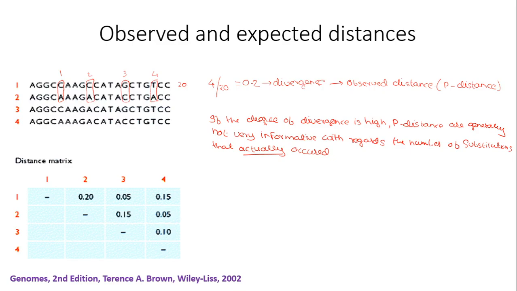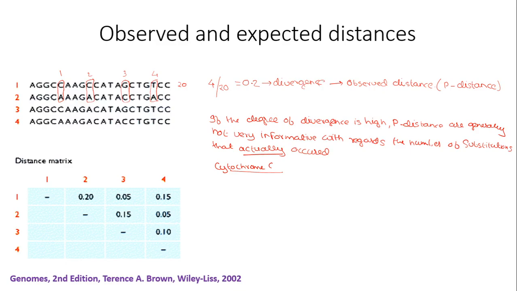So let me explain this with an example. Suppose we have sequences of cytochrome C. We know that this cytochrome C gene is retained in life forms from the very beginning of life on our planet Earth.